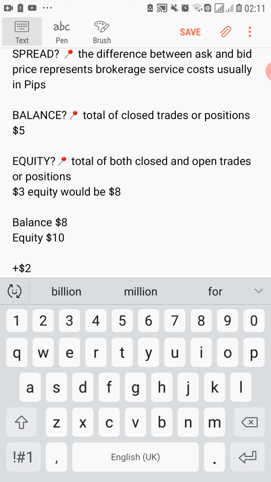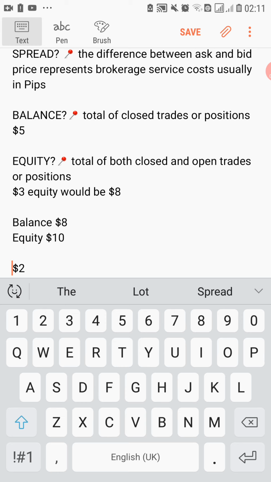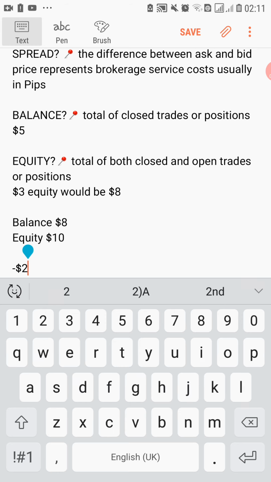If we were to make a loss, as it's currently floating at $2, let's just say the market moves against us and we make a loss of $6, our balance would still be at 8, but our equity would drop.